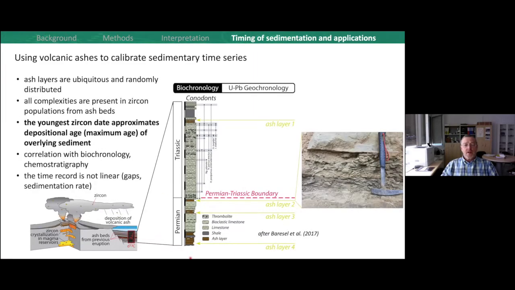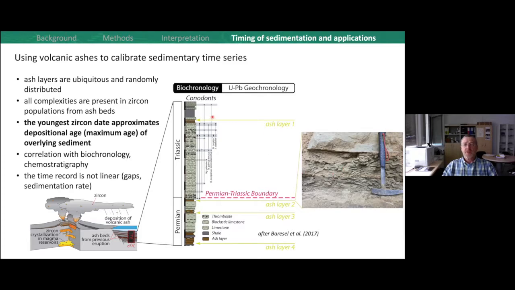Okay, now we are in the sedimentary environment. We have our section here, which is straddling the Permo-Triassic boundary. We have here 4 ash layers, the first one, second one, third one, the fourth one. They are quite ubiquitous in the field, very well visible. It's not always so easy that you see the ash beds.